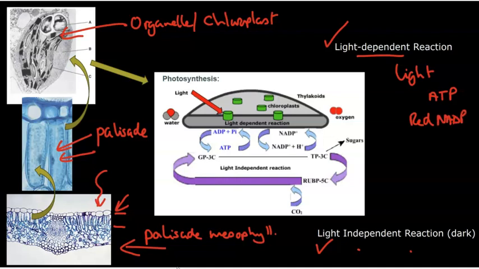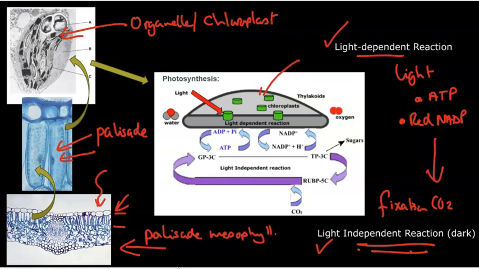And one can then think of how these two molecules are then used to bring about in the light-independent reaction the fixation of carbon dioxide and the synthesis of the biological molecules, most classically making glucose, but not limited to glucose. If we look for the location of these two stages, then the light-dependent reaction is associated with the thylakoid membranes, and the light-independent reaction takes place in the stroma.